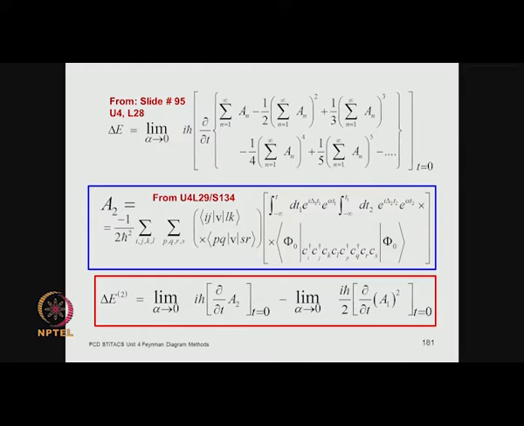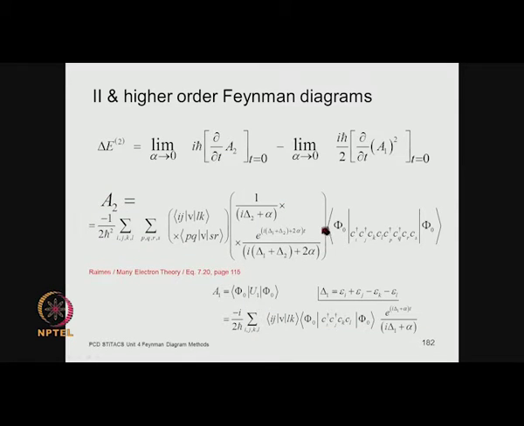The other correction to second order comes from this term, and we have worked with both of these terms in our previous classes, right. So, you will remember those discussions. So, you had two terms contributing to the second order corrections. One was coming from A2 and the other from the square of A1. So, both of these terms have to be kept track of.